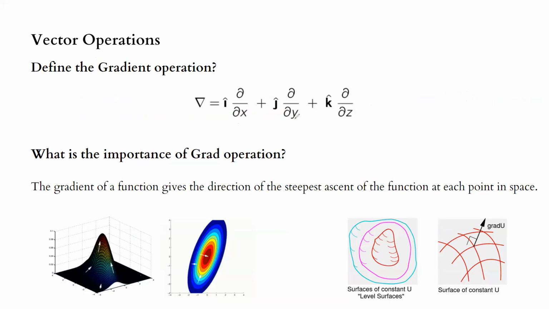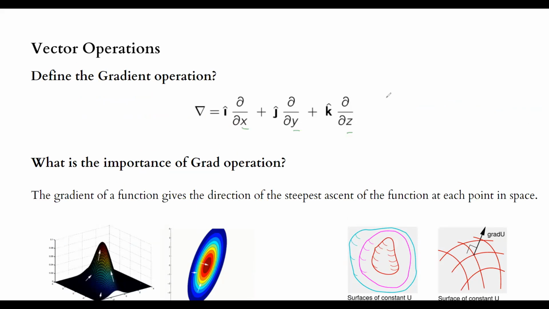This equation is saying that once we are given a certain field, defined using x, y, and z coordinates, if a certain function that defines the field is given, we can apply this gradient operation on that function and find the gradient of that function, right? This gradient is giving some important parameter regarding that function.